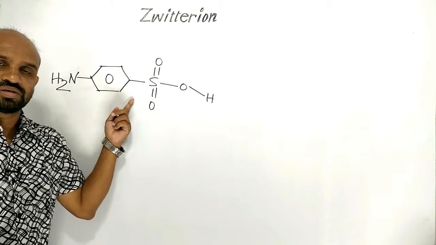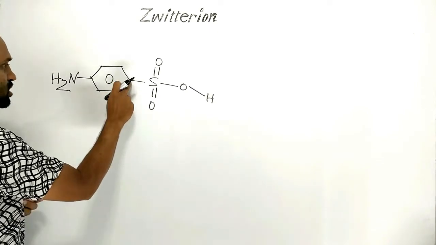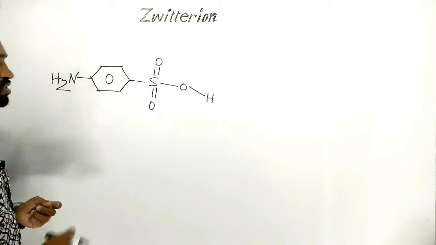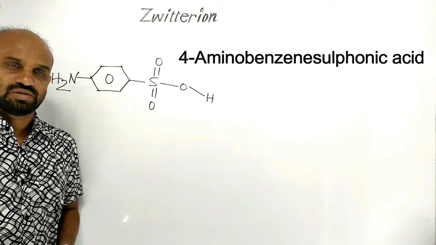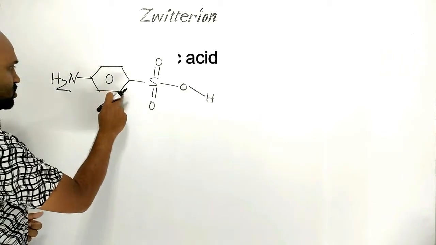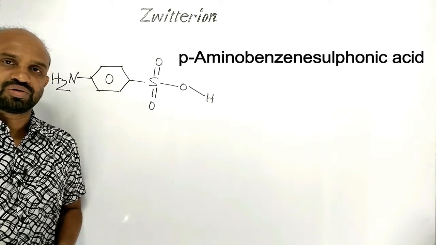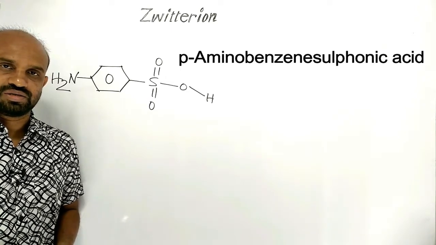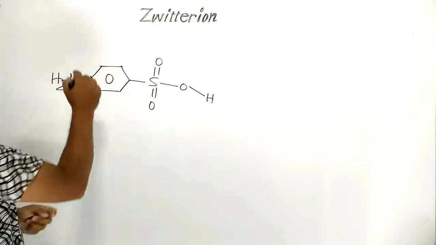This is sulfanilic acid, or 1, 2, 3, 4 amino benzene sulfonic acid, or ortho, meta, para amino benzene sulfonic acid. Simply, this is sulfanilic acid.